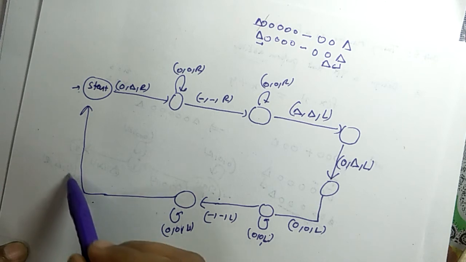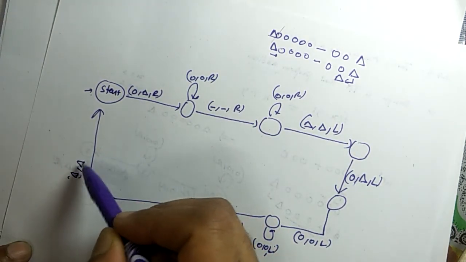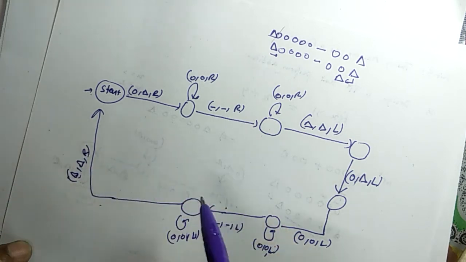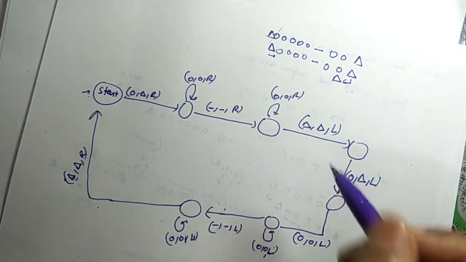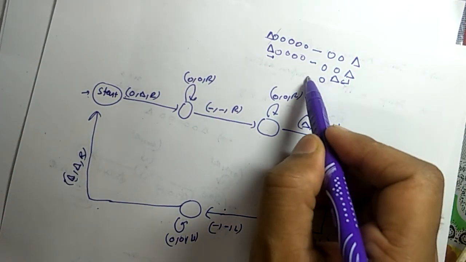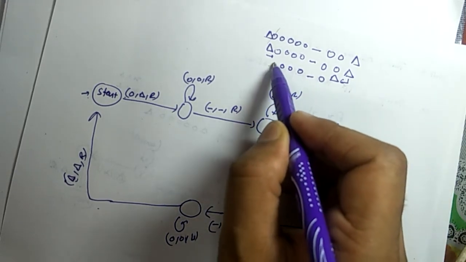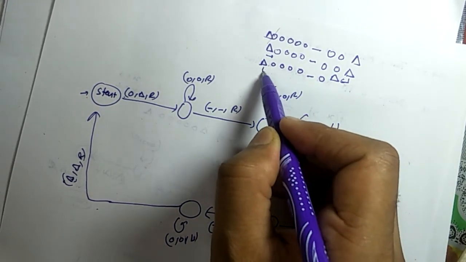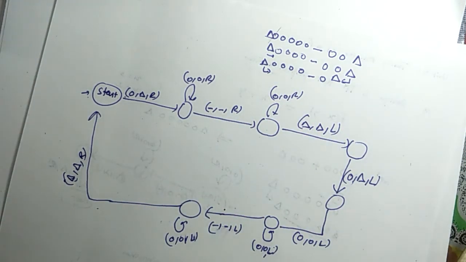So we will get blank, leaving it blank and move to right. So we are at this position that we can check there is more 0. We move to left, we move to left, we move to left, we move to left, we move to left, and we reach this blank and we check what is there in the right.